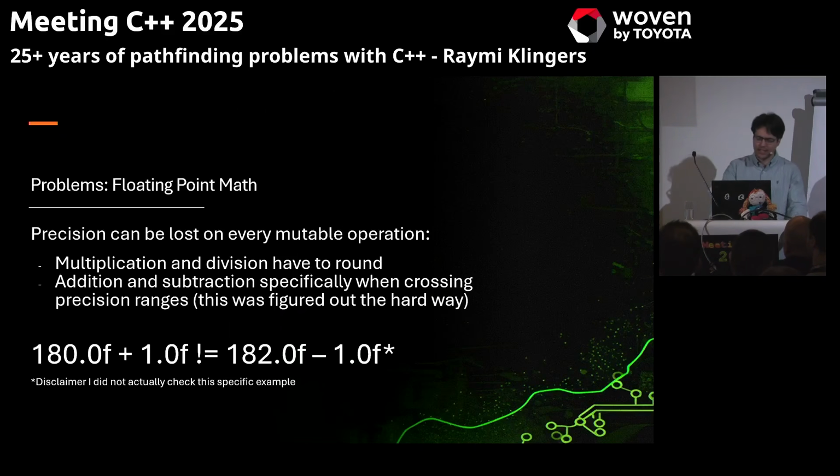I'm not sure how that's exactly called, but when you cross a precision range, you often end up rounding as well. And then if you have like 180 and you add 1, it does not equal 182 minus 1, which to us sounds obvious, of course, but for floating point math, this is not always guaranteed.